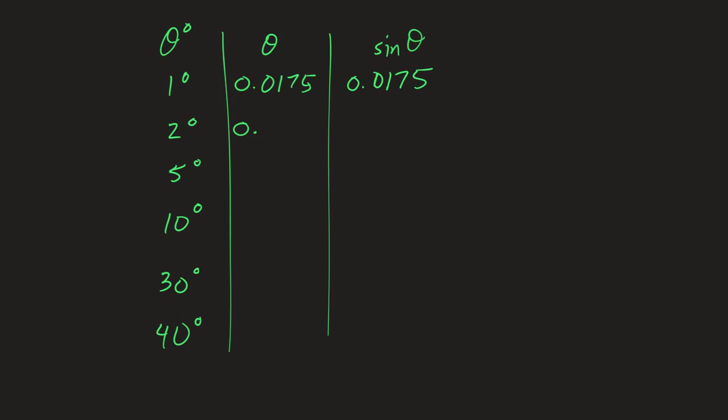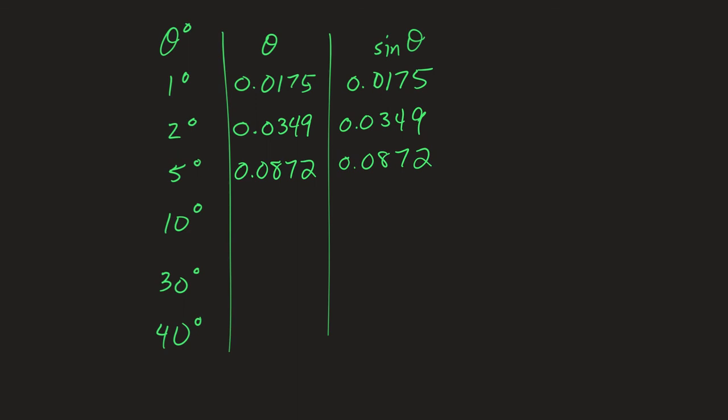2 degrees converted to radians is 0.03491. And the sine of 2 degrees. 5 degrees converted to radians is 0.0872. Sine of 5 degrees, the same.